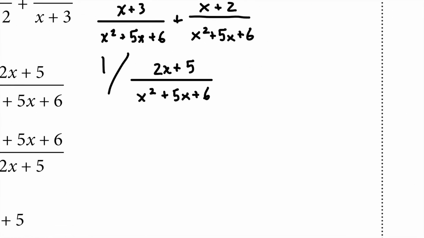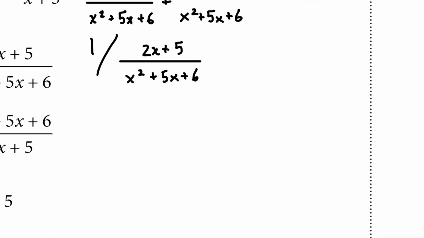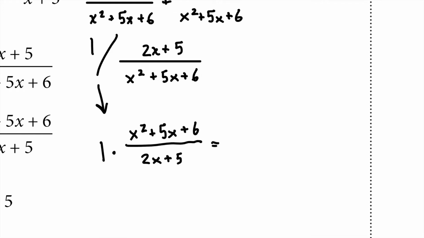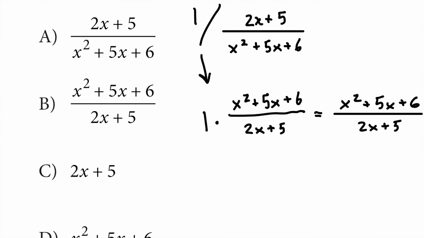But if we're dividing by a fraction, we can multiply by the reciprocal. So this really means 1 times x squared plus 5x plus 6 over 2x plus 5, which can just be simplified to this. And so this is our answer, and this matches B.